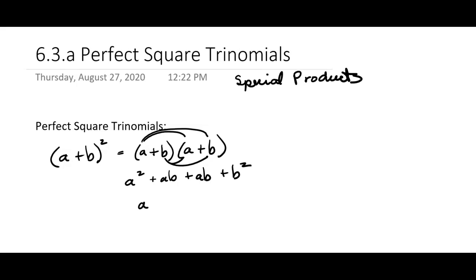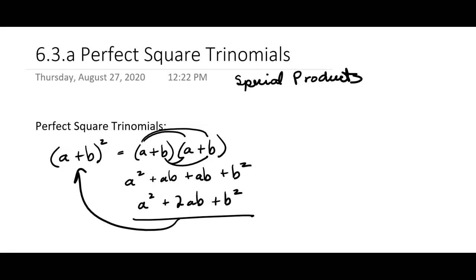And so you get this formula, a squared plus 2ab plus b squared. So that's how it multiplies out. Now what we're going to look for with the factoring is, if we can find something in this form, then we're going to go back and factor it like that, okay?